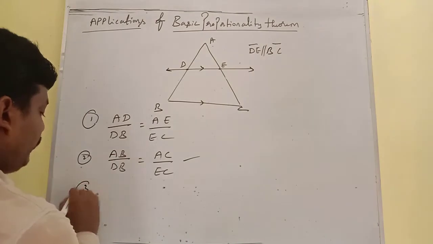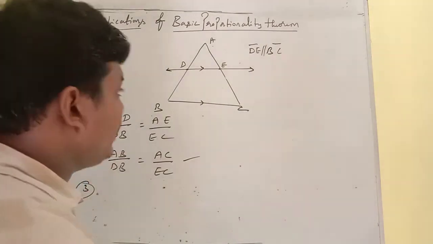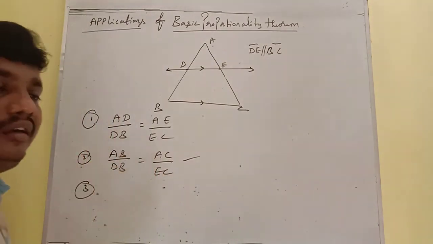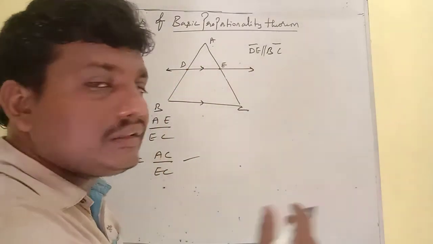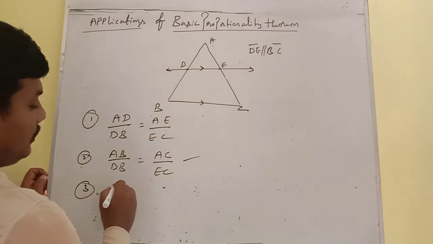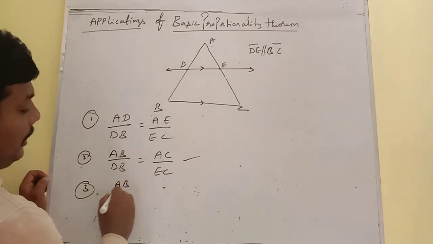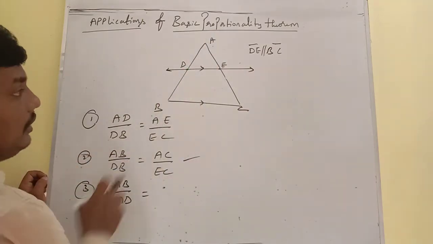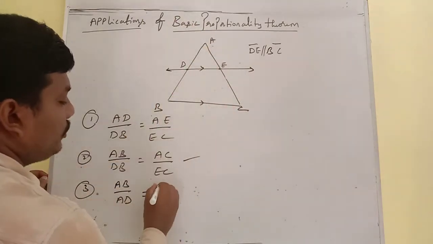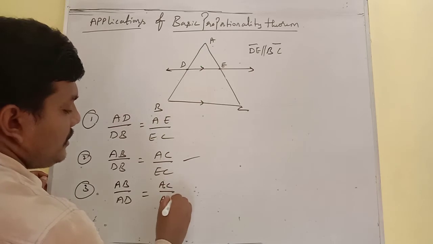In another way, same ratio means whatever the portion on the left side, the same portion on the right side also. Let me consider AB by AD is equal to AC by AE.